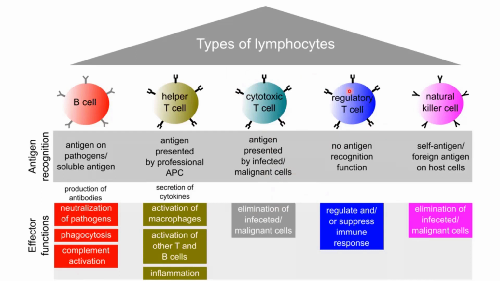Now, then there are regulatory T cells. It does not have any antigen recognition function. It helps in regulating and suppressing the immune response. Once the antigen has been removed and the immune system has gotten rid of the infection, it is going to help the immune system come back to its normal state.